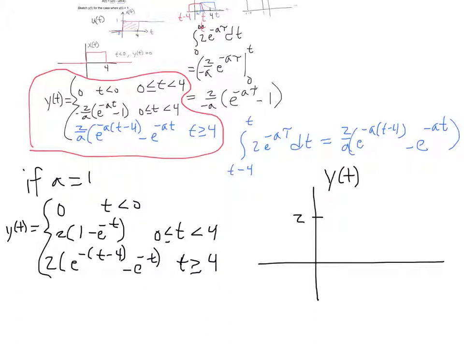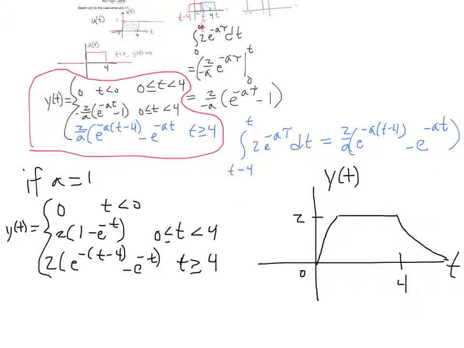So it would look like this. We're going to jump up to 2, stay at 2, and decay. Probably not that bad. Like that. And this is for t. And this would be our point right there, 4.